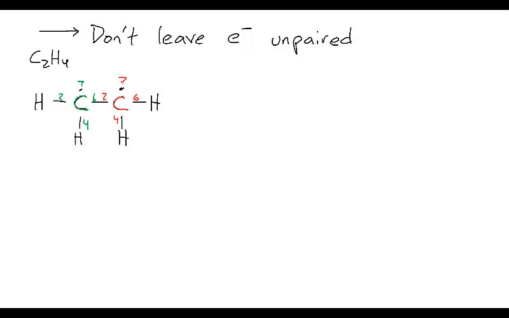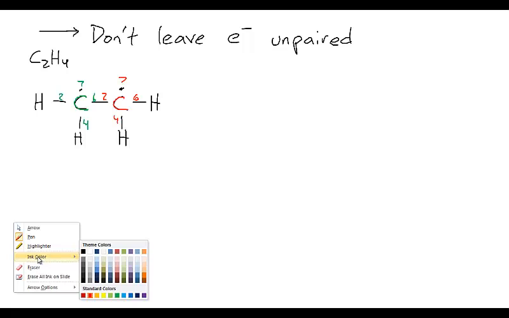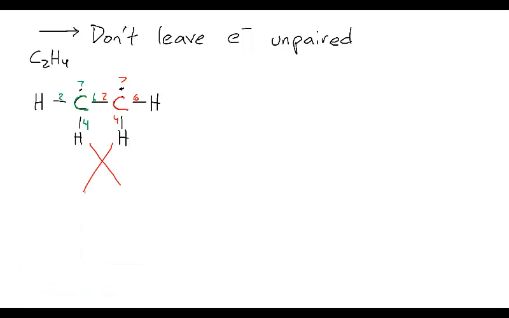So in this case, the solution might seem fairly straightforward. How could we make this follow the octet rule? Chris? Put a double bond between the carbons. Take those 2 lonely electrons and just make them shared in between the 2. So this over here is definitely the wrong structure. It would be better to take those 2 lonely electrons and pair them up and share them between the 2 atoms.